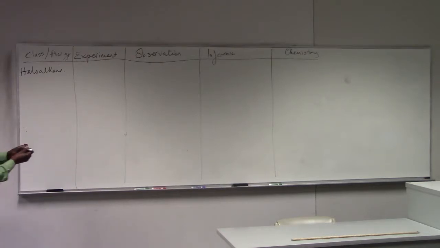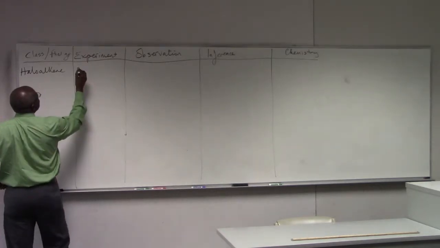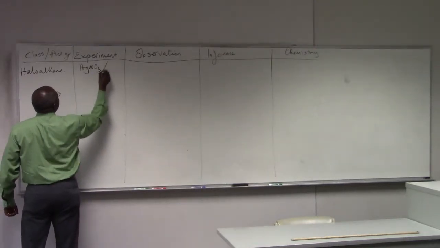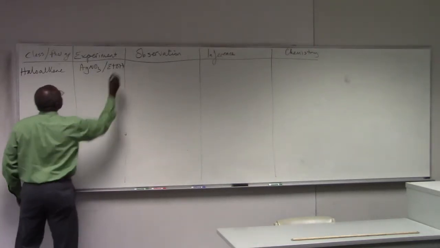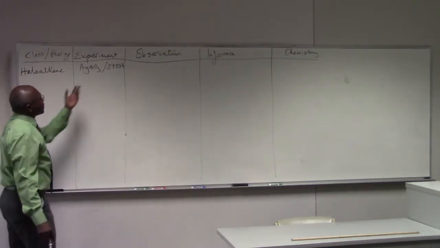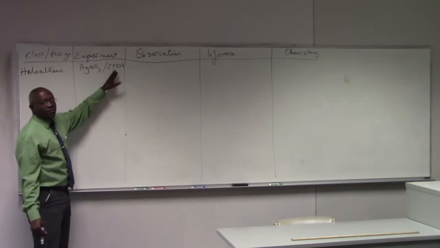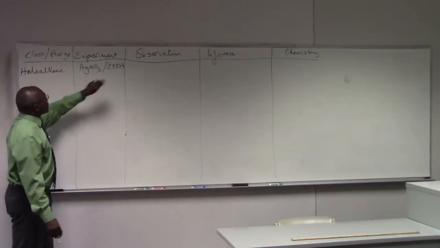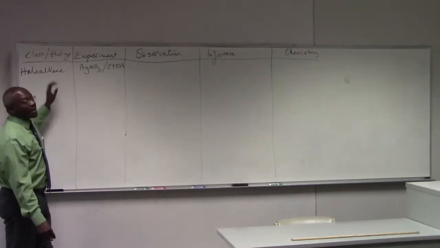So I'm going to add to this ethanolic silver nitrate. So I'm going to take silver nitrate in ethanol. The ethanol is used to dissolve the organic compound. And ethanol is a polar enough solvent, it's hydrogen bonding, so the silver nitrate will ionize in it. It also serves as a matrix to dissolve the haloalkane.